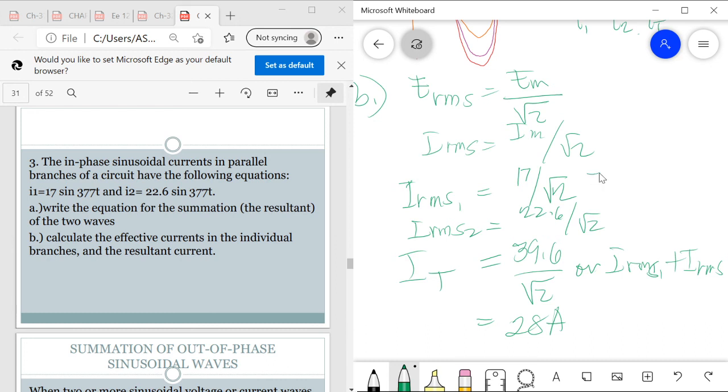So IRMS1 is equal to 12.02 and IRMS2 is 15.98. So if you add IRMS1 and IRMS2, it will be equal to 28 amperes.